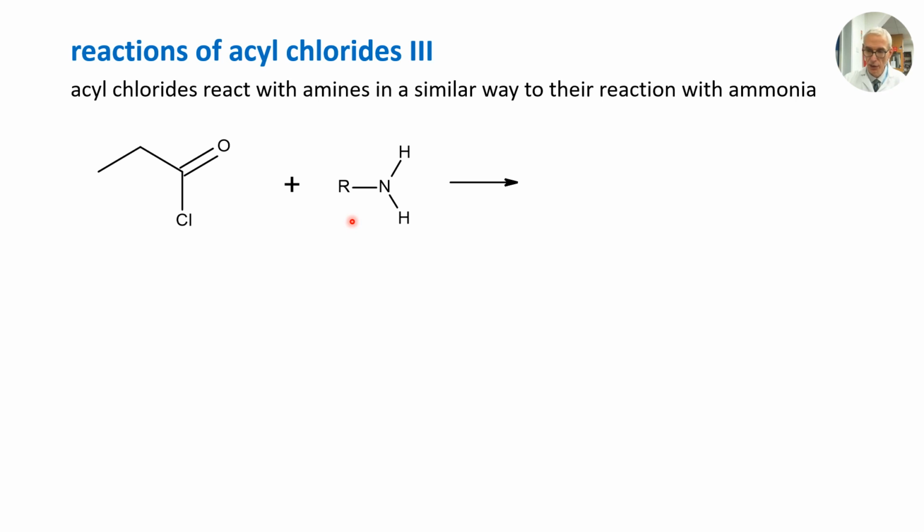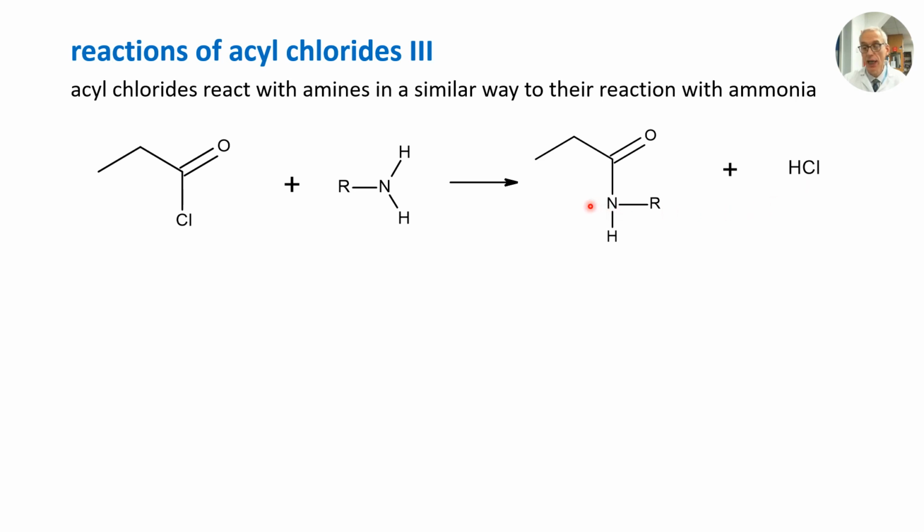Come back when you are ready. Okay, so I'm going to reveal. Here's my amide, and my co-product is the small molecule hydrogen chloride. So this is a condensation reaction again with the elimination of hydrogen chloride.